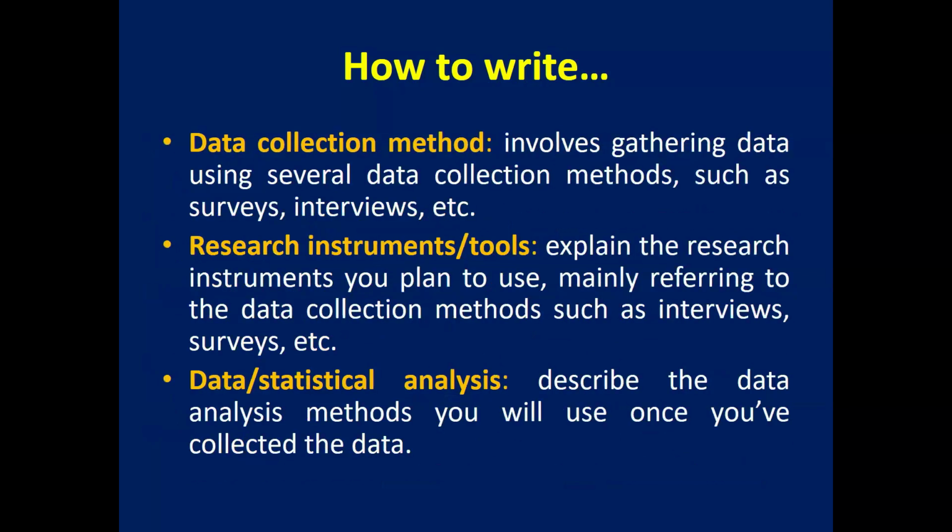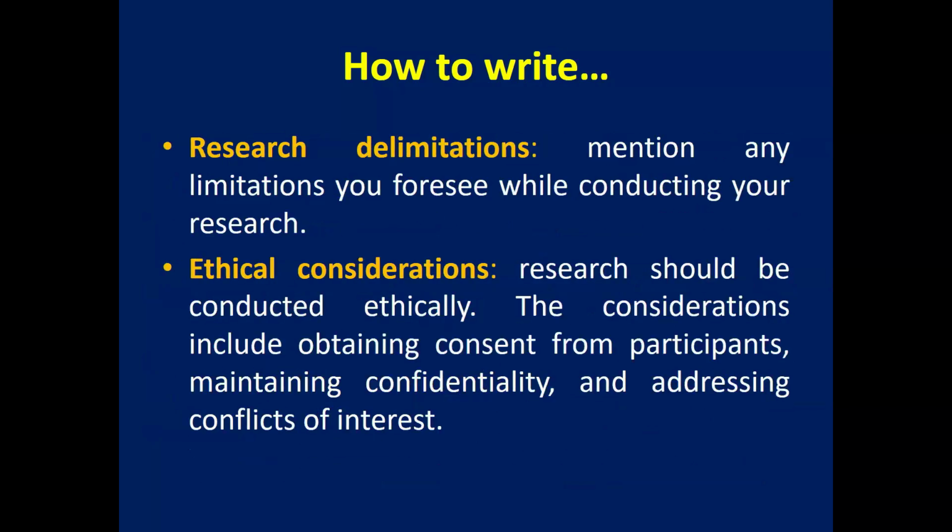So these are data collection methods, research tools, statistical analysis. We have already discussed in detail, and there are research delimitations. So what are the research delimitations? It mentions any limitations the researcher foresees while conducting their research study. For example, the main research delimitation is time limitation, because the researcher doesn't have sufficient time, 2 years, 3 years, 4 years.